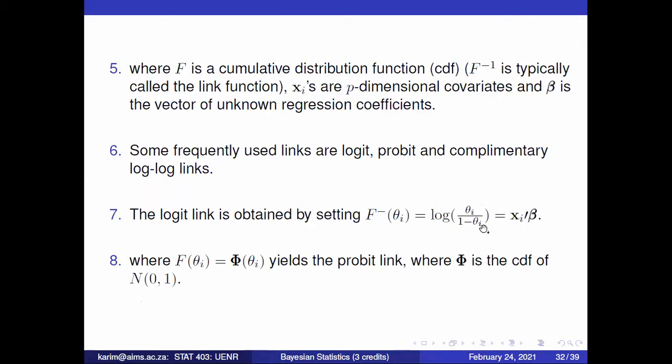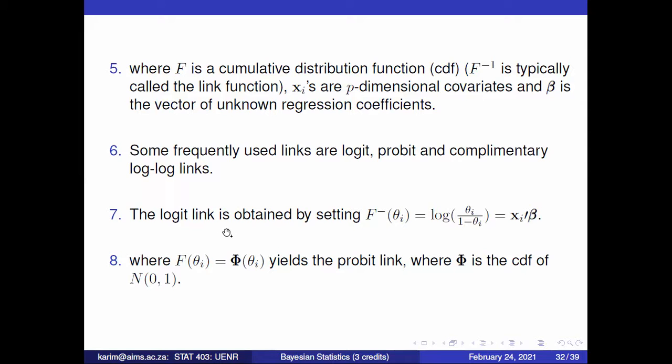And that is equal to the logit. Remember, your logistic regression model is the probability of success compared to the probability of failure, or the probability of the disease compared to the probability of not disease, probability of exposed to the disease, probability of not exposed to the disease. And that is equal to the linear combination of the parameters.